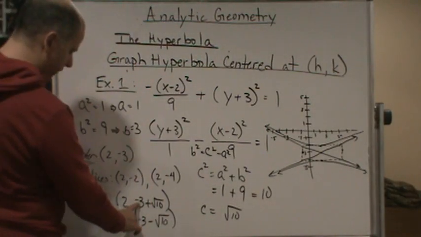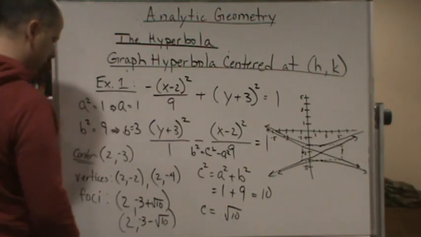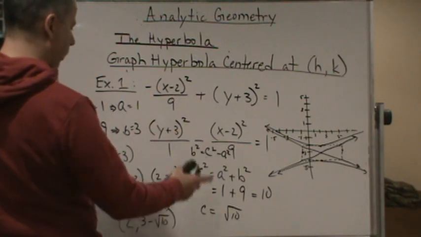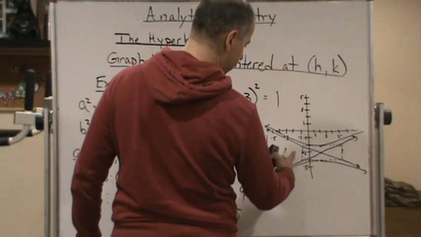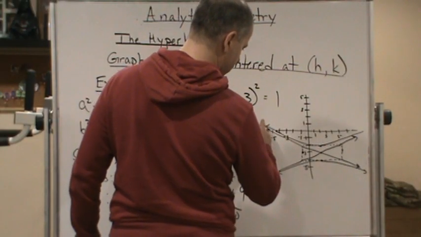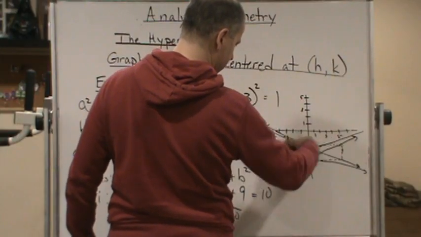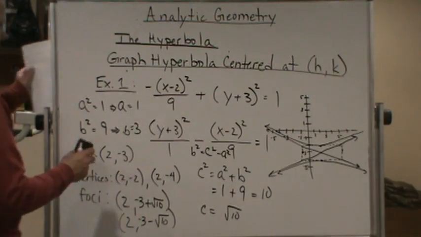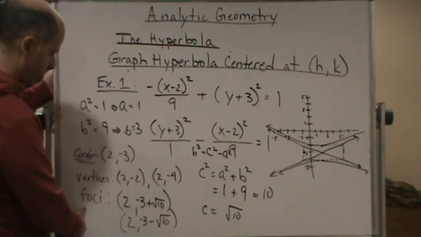So the foci are 2, -3 plus the square root of 10, and 2, -3 minus the square root of 10. Now, again, graphing it, all you need to know is where the vertices are, and you need to know B so you can draw the reference rectangle, and the asymptotes, right? So you sketch the asymptotes and then you graph it. Now, again, the problem is asking us for more. So there's part B. So we got the center, we got the vertices, we found the foci.